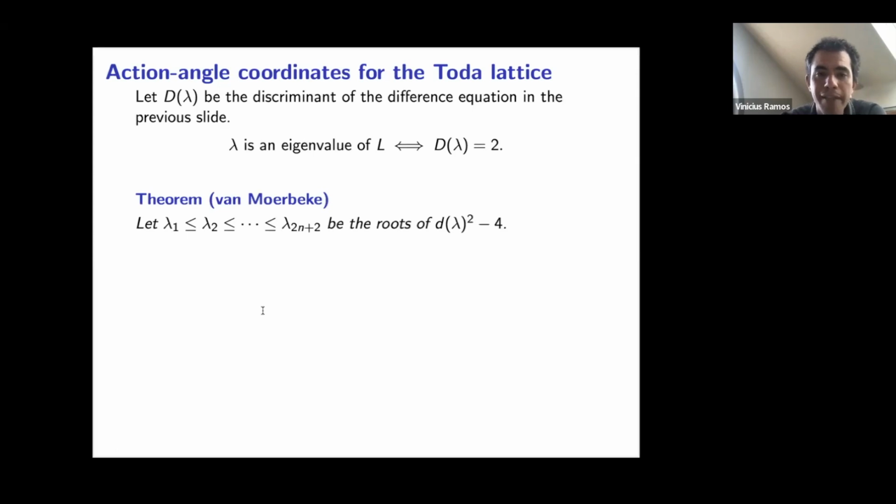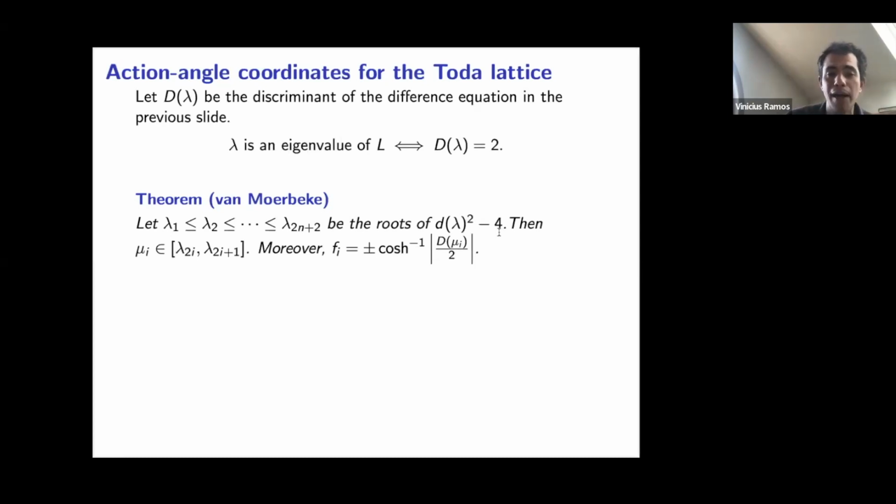And Viterbo showed the following thing. If you look at the roots of D squared equals 4, that is when D equals 2 and when D equals -2, then that mu i that I defined in the previous slide is always between lambda 2i and lambda 2i plus 1. And moreover, this fi is some inverse hyperbolic trig function of D. So mu is going over this interval and the fi is either plus something or minus something.